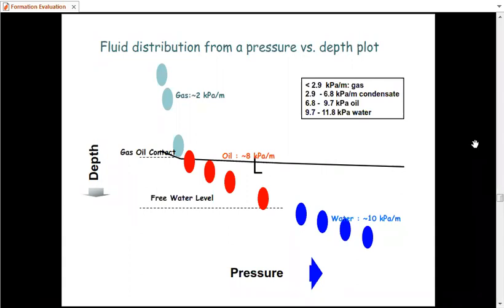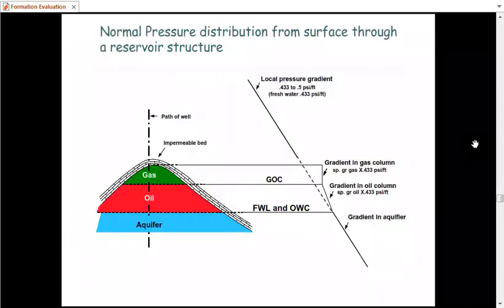the depths, and the fluid contacts in your reservoir. So the normal pressure distribution from the surface throughout a reservoir structure: you have to locate the pressure gradient for water, and also for gas, and sometimes for oil, or both in a gas system.